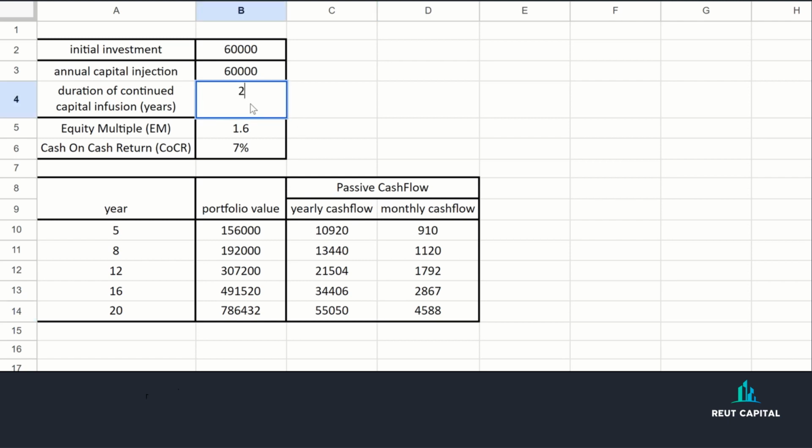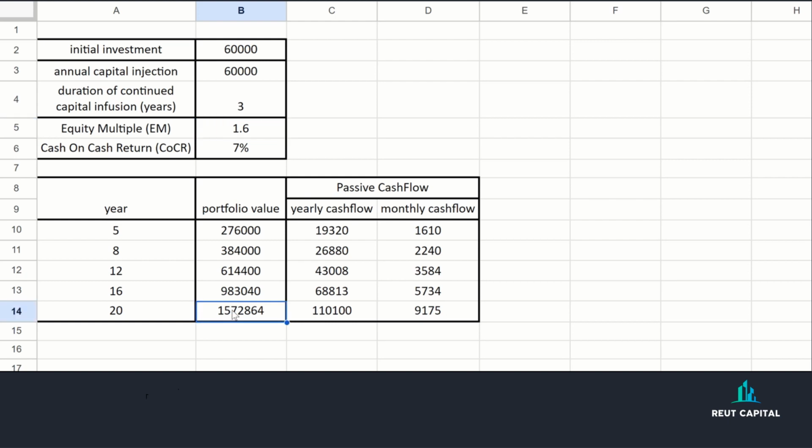Let's say you like the results that you see, and you decide to do another one. Now you have a total of 3 multifamily deals. Now you have a portfolio value of 1.1 million, and a monthly passive cash flow of 6,800. If you decide to do another one, you can keep going based on where you want to see yourself financially.